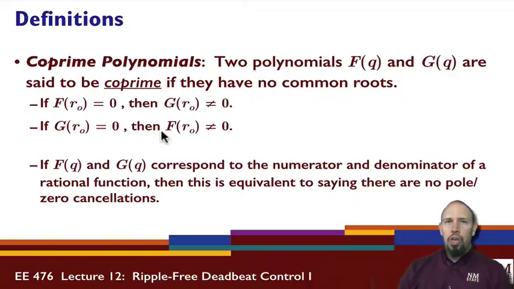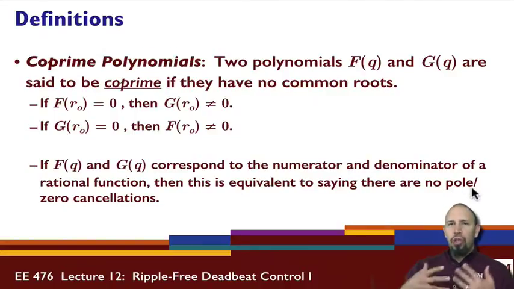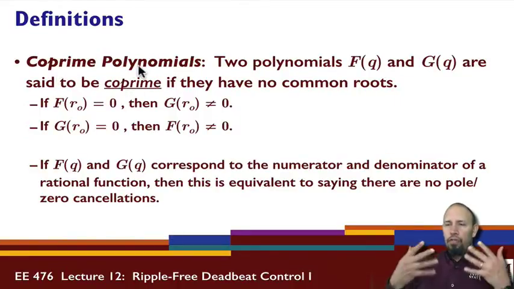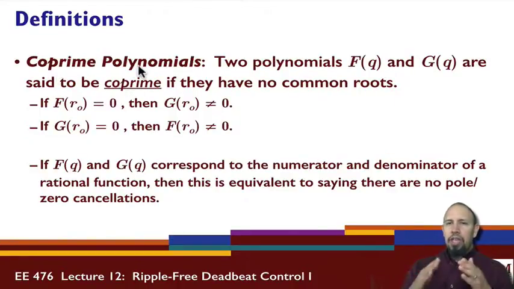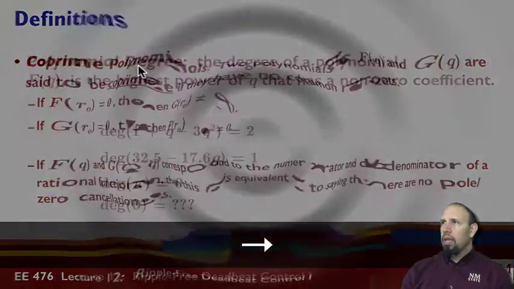So the two are coprime, no common roots. If f and g, for example, correspond to the numerator and denominator of a rational function, this is basically the same as saying there's no pole zero cancellation. So this notion of two polynomials being coprime is very important. We're going to be using that concept quite a bit in all of this about ripple-free deadbeat control.